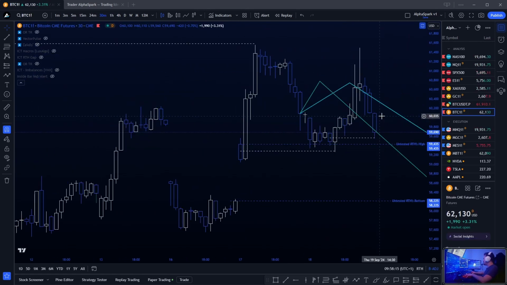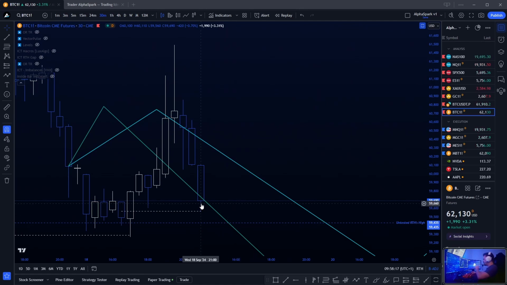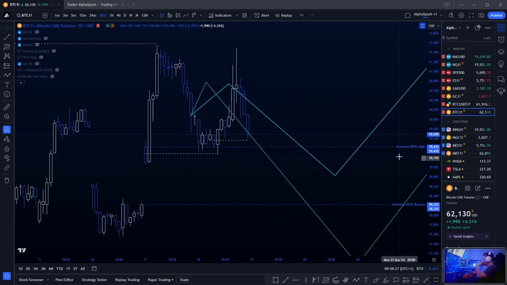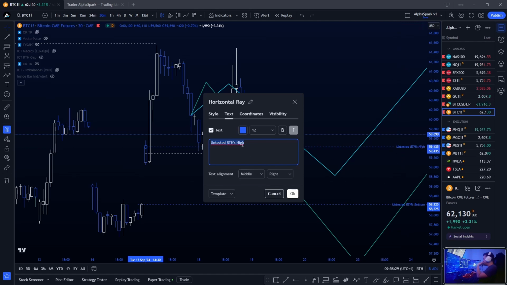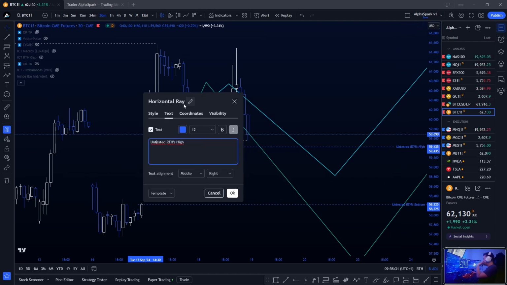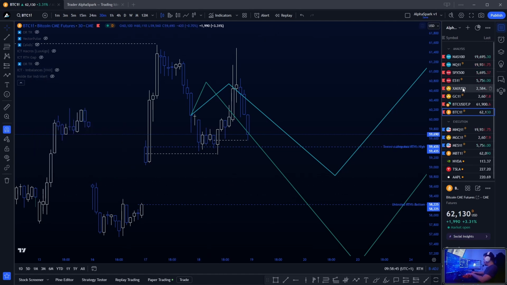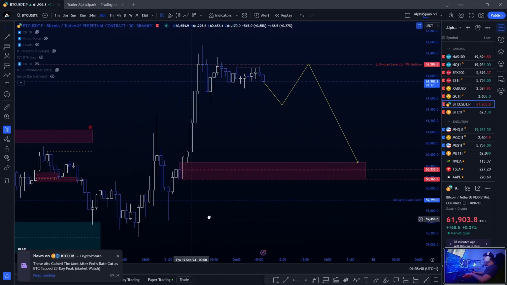And as you can see, that level that I'm talking about is where it closed, and now this is tested, but it was not tested during New York. So this was only tested during Asia. Was it Asia? I think it was Asia?